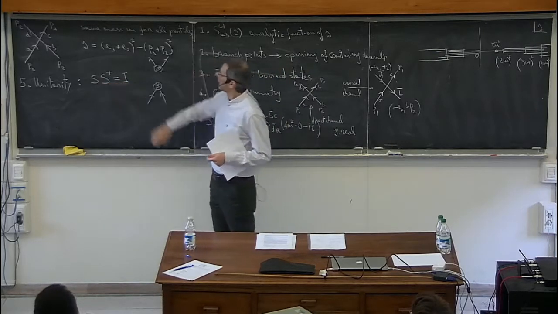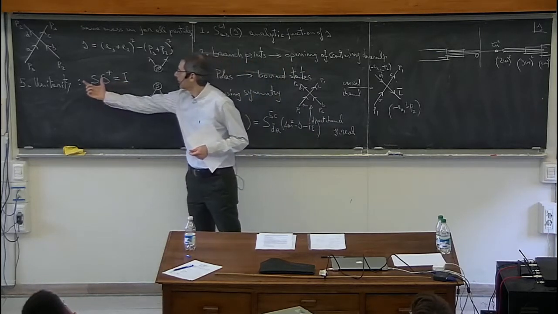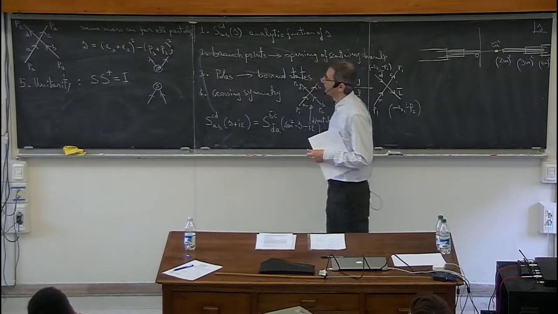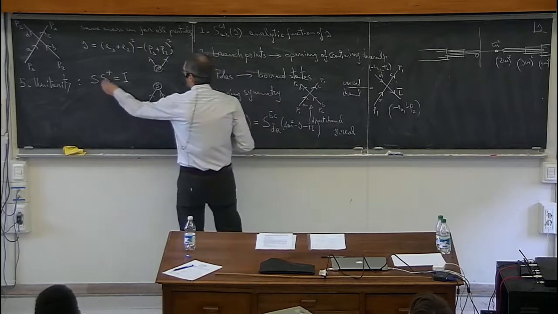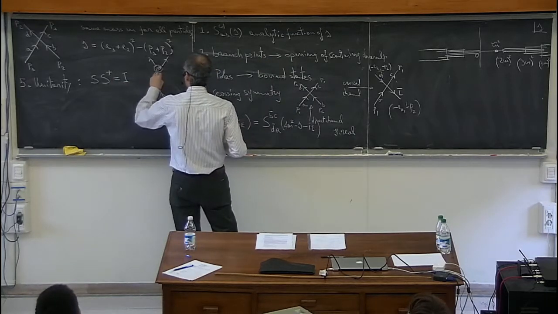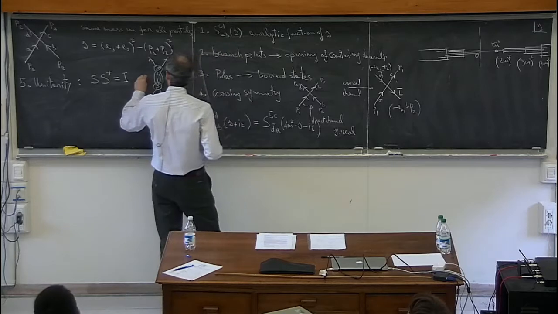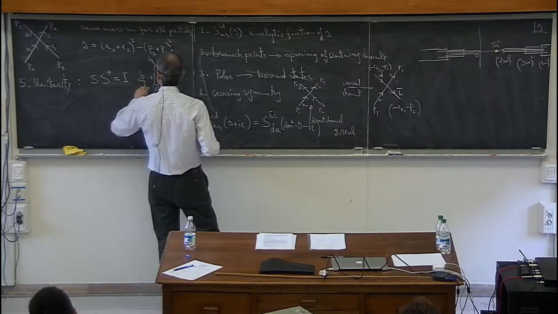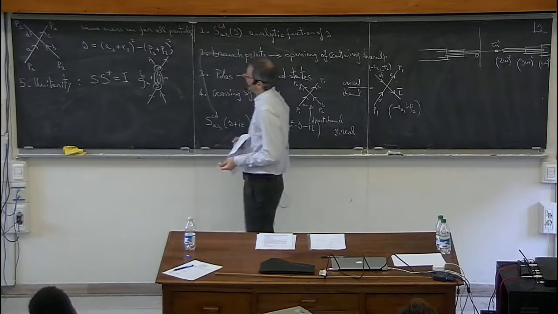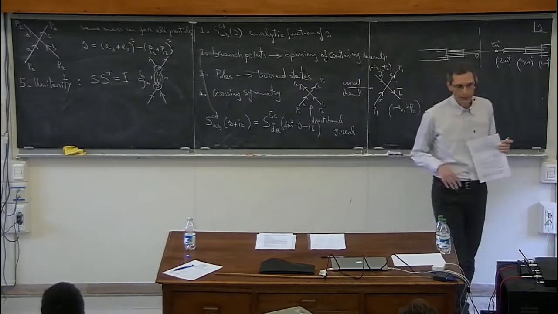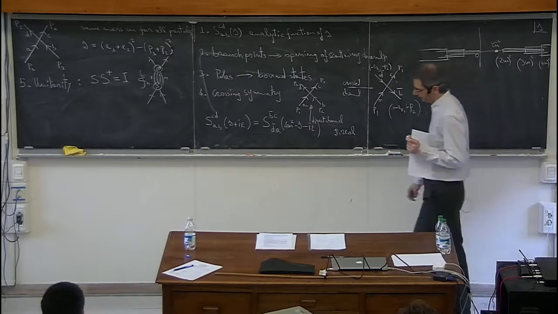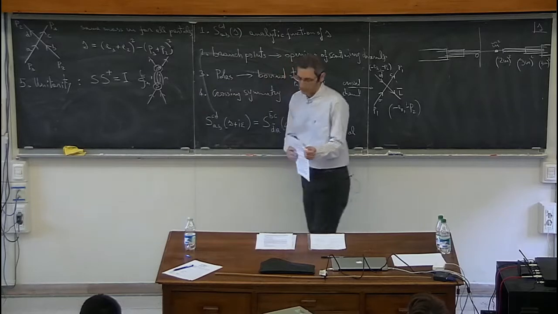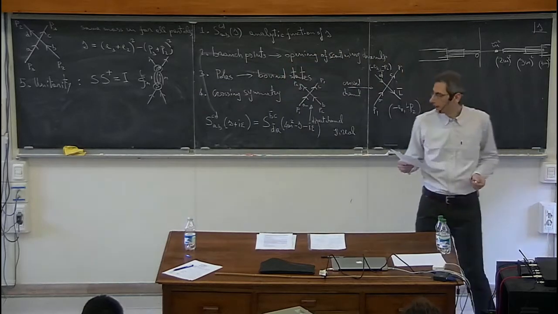This is an operatorial identity. I can take it among some particular states, here among the two-particle states. And in the middle I can insert a complete set of my asymptotic states. In general, they will contain n particles. I will sum over all numbers of particles and all momenta. So this is a resolution of the identity, and this is a pictorial representation of this product taken on particular external states.